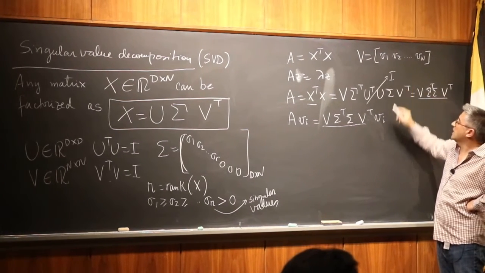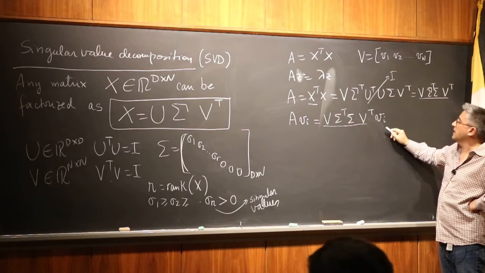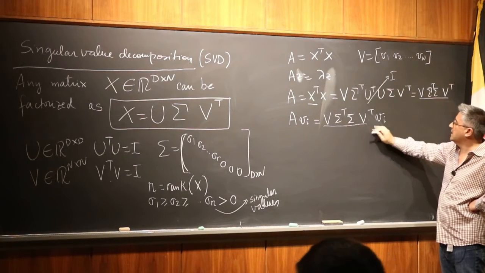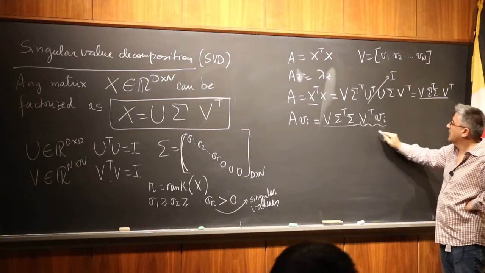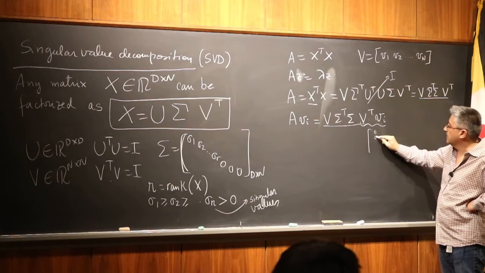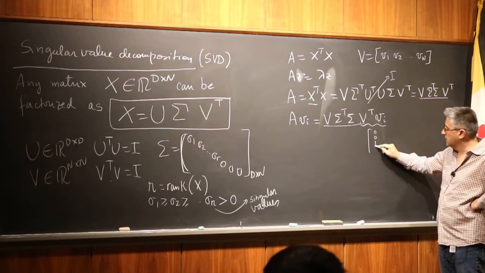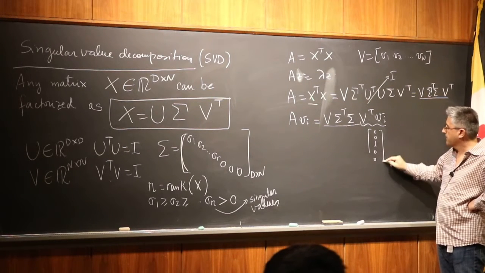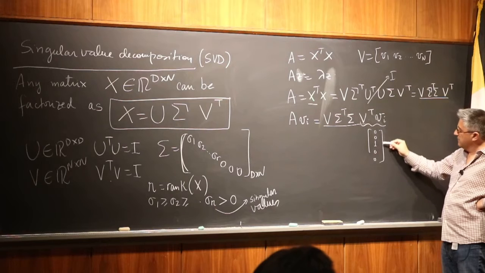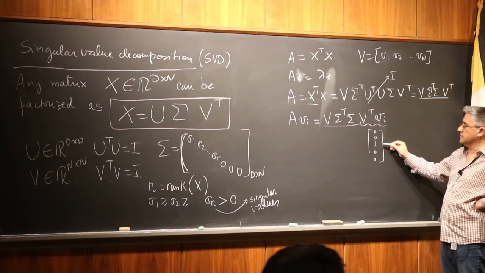What about V2 times V_i? And so on and so forth. So what am I going to get here then? I'm going to get something that is 0 everywhere except in the i-th entry, where I will get a 1, and everything else is 0. Okay, so the i-th entry is non-zero.